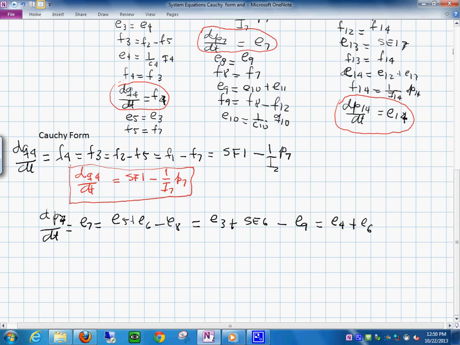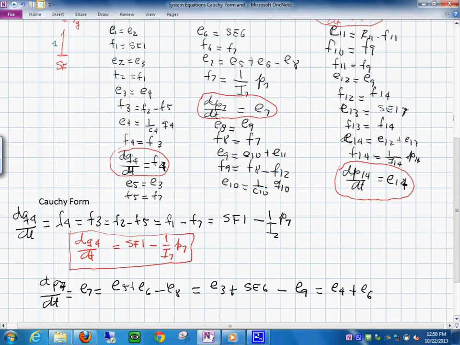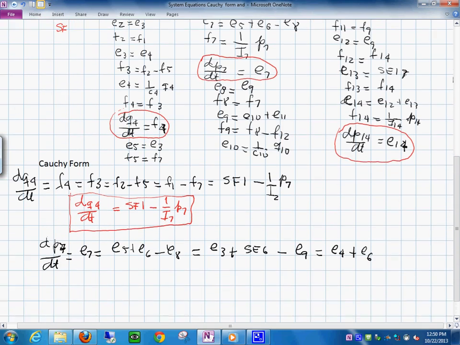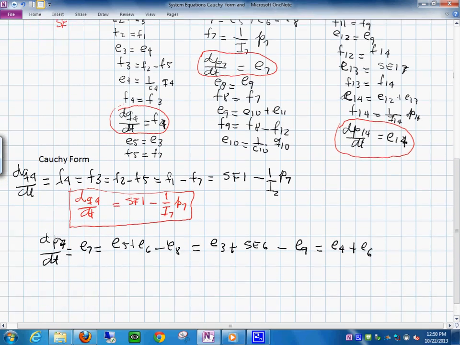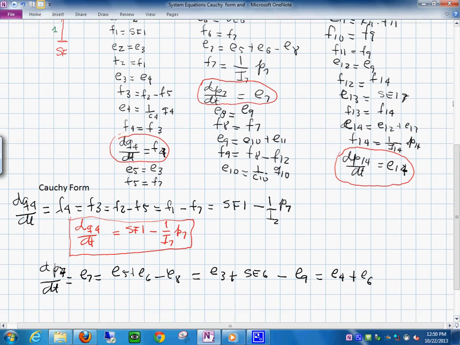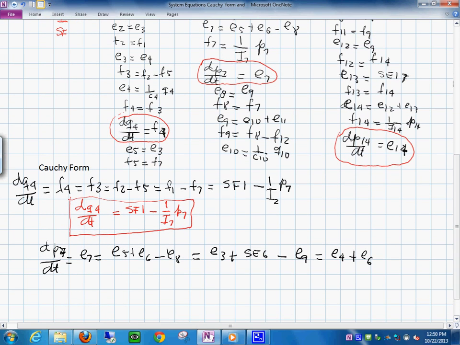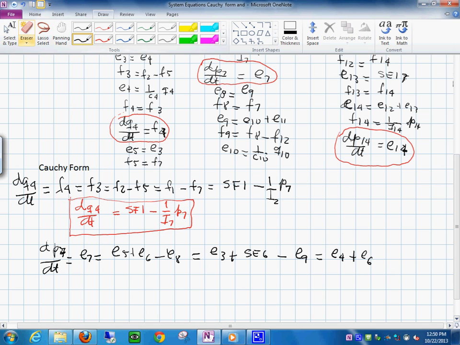So why don't we just put this in here? So all we got to do now is to put this F11 with this.